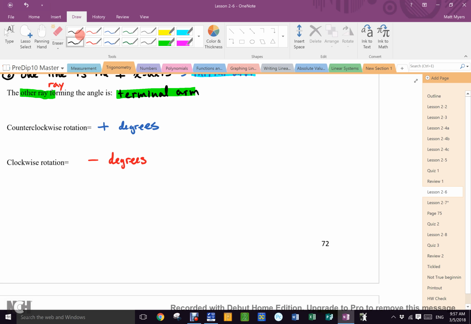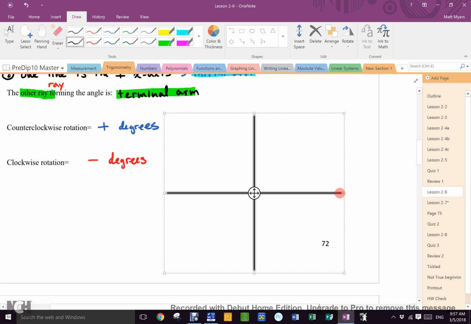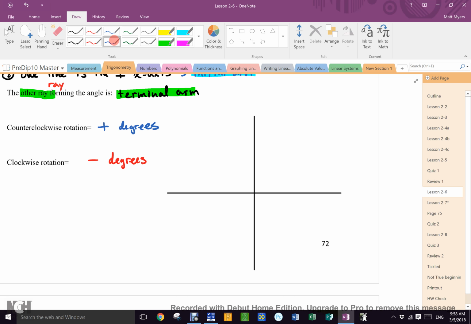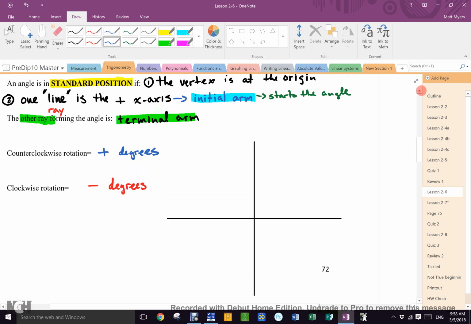Down here, everybody please draw and look at the cool thing I can do. Everybody draw yourselves a coordinate grid. Yeah? Everybody draw for me an initial arm. So everybody draw where it would go on our new coordinate grid. I believe the initial arm I highlighted in blue.